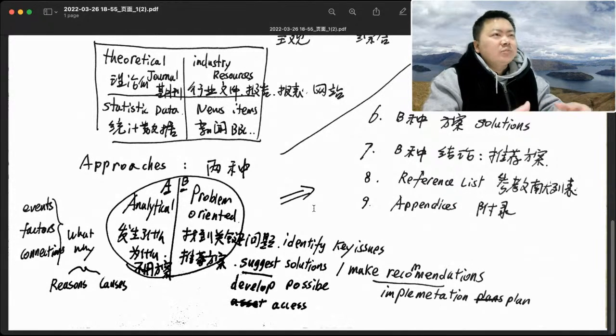The second approach is problem oriented. I need to identify the key issues, the key problems, and suggest. It uses a lot of fancy words. Make suggestions, make recommendations, implementation plan.